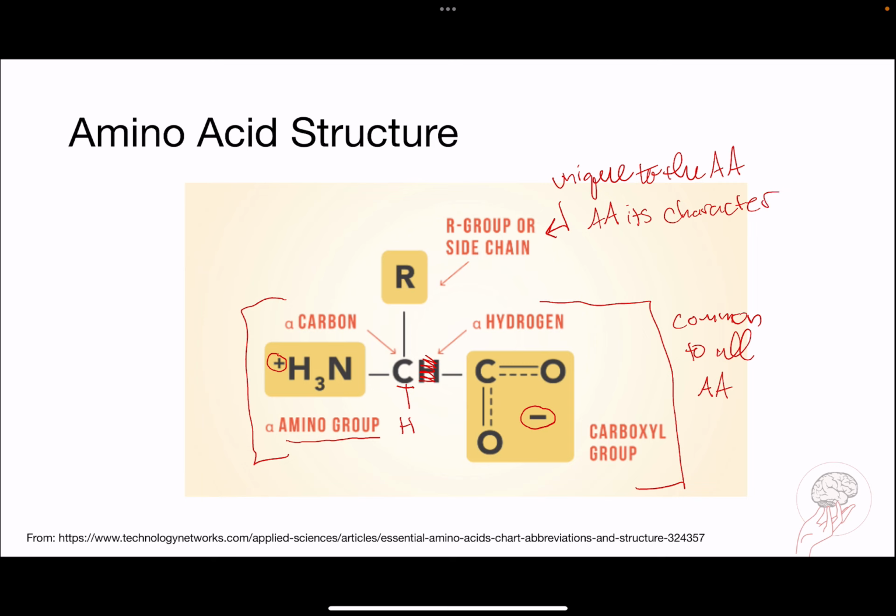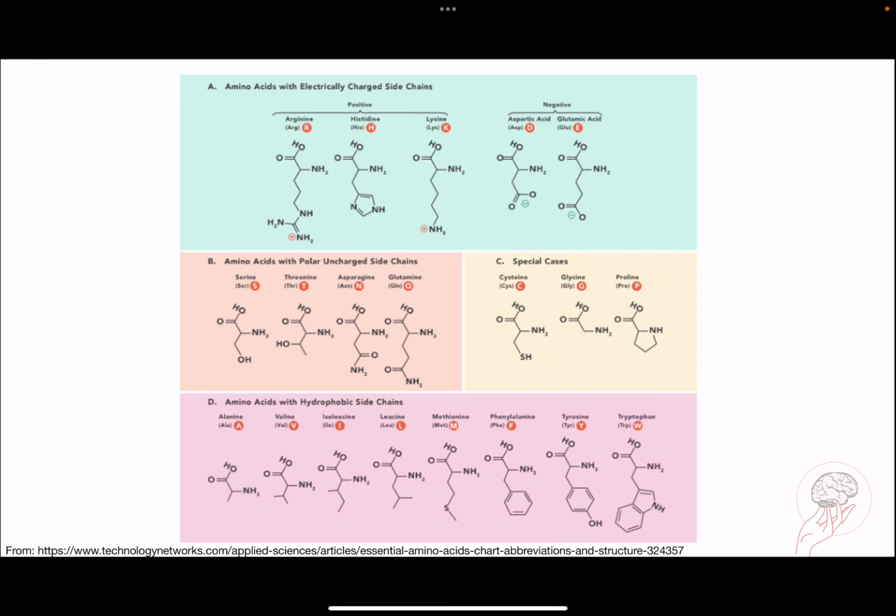And you may be wondering, well, what do you mean by character? Also, this is the acidic part. So here we're looking at some of the different amino acids, and we have different types or groups of side chains.